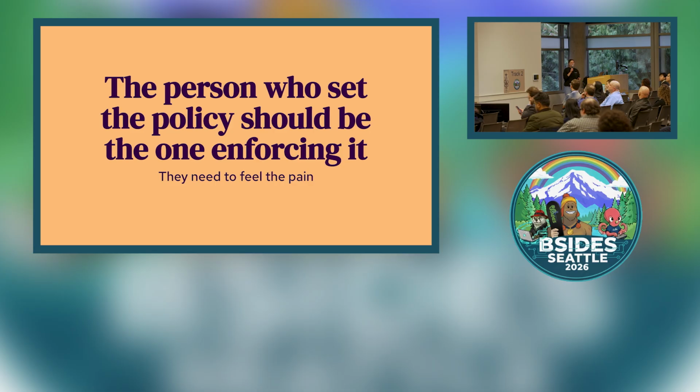And that means that you don't have ownership from the security team over that policy. That also often means the policy is not properly implemented. The person who's implementing it and managing it on a day-to-day basis doesn't have the same incentive you do. And so you spend all this time rolling something out and then it doesn't work. So the person who enforces the policy needs to feel the pain. They also need to be the one to deal with exceptions, which we'll talk about.